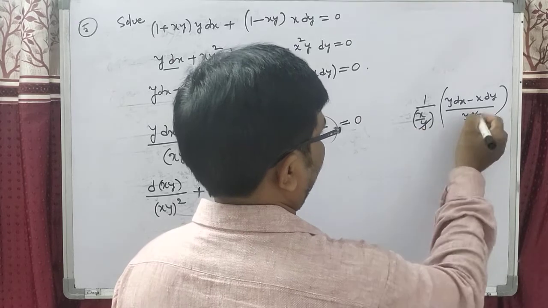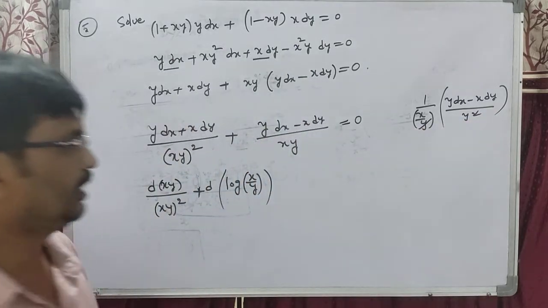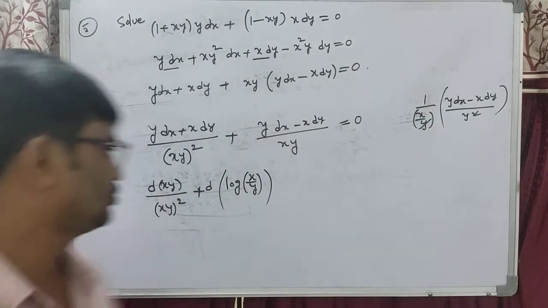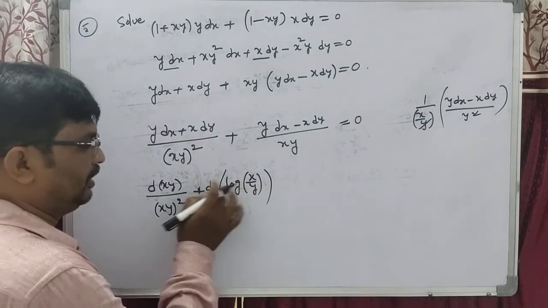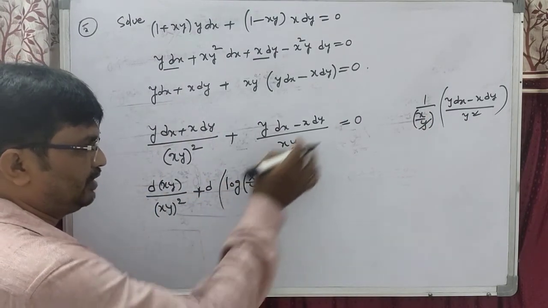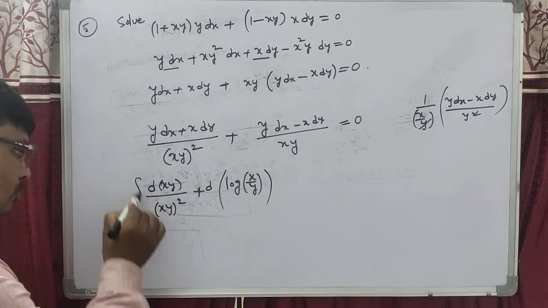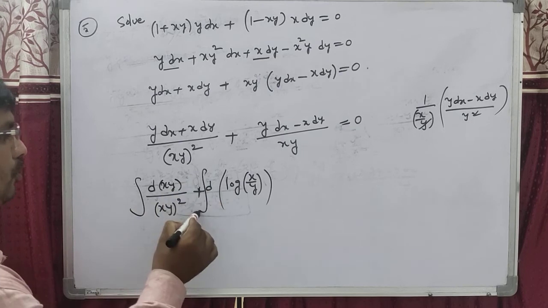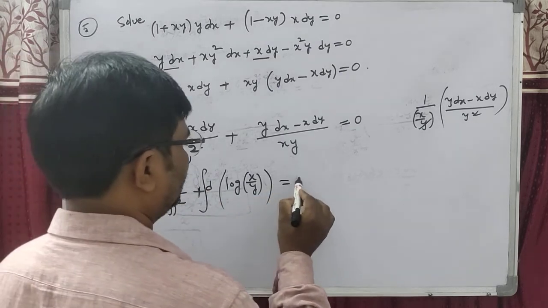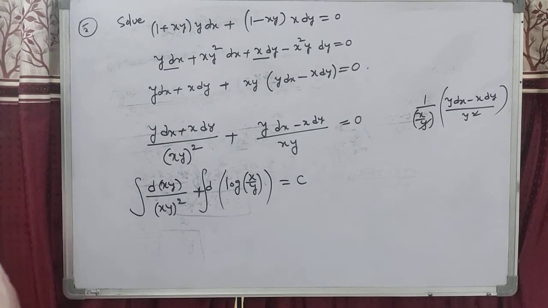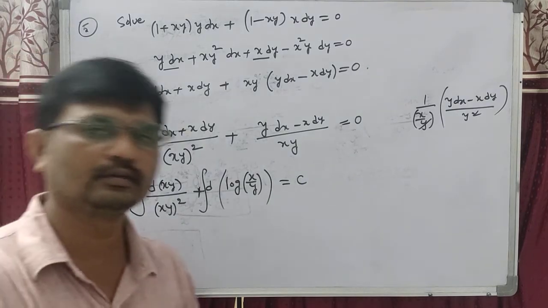One time cancel, that is y dx minus x dy by xy. Undoubtedly the derivative of log of x by y is this one. My dear students, we can also apply the integrals. Integral of 0 plus c, integral of 0 is 0, so 0 plus c is c.